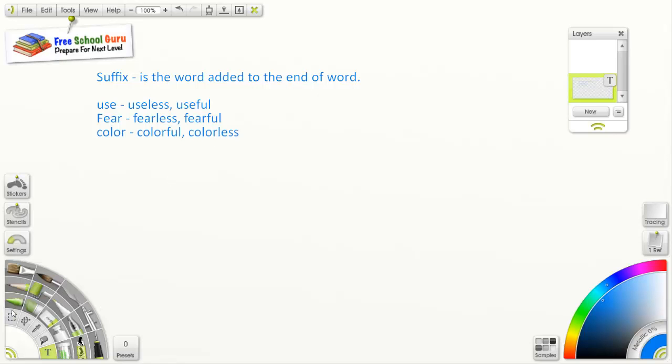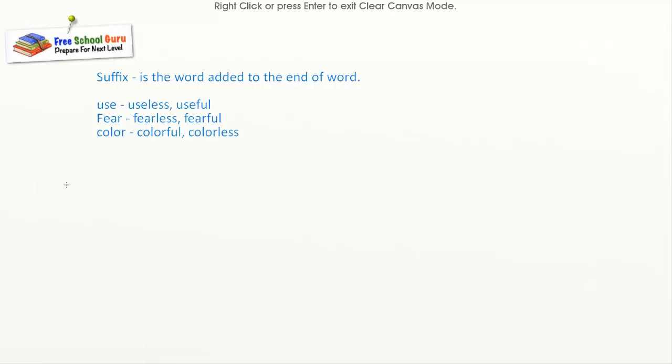Now in these examples, if you notice, less and full are words I have used as suffixes, and they have changed the meaning of the main word use. Totally changed the meaning. Similarly, fear is a word and I add less or full to it, and these are the two suffixes that I used, and it changed the meaning.